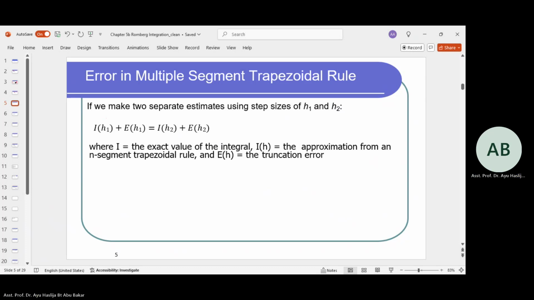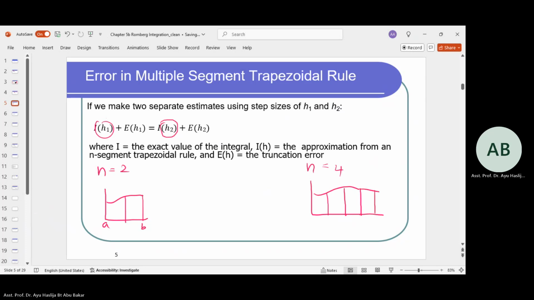In this topic, where you have different n segments, you will have different h. For example, you have n equals 2 and n equals 4. The I actual, the true value, is still the same.